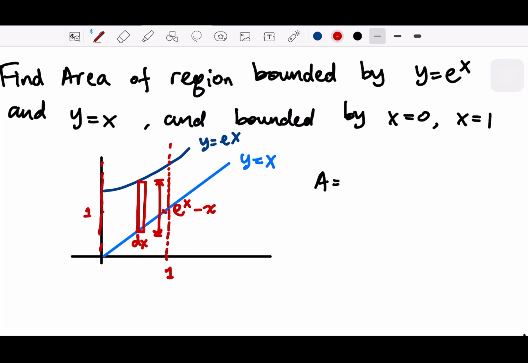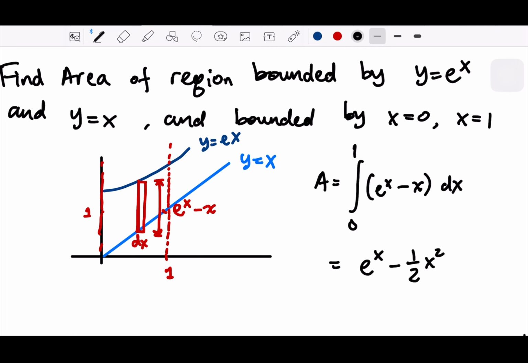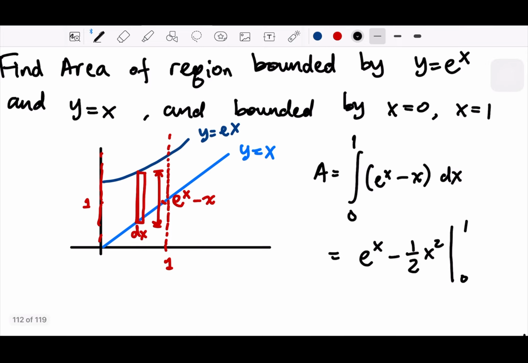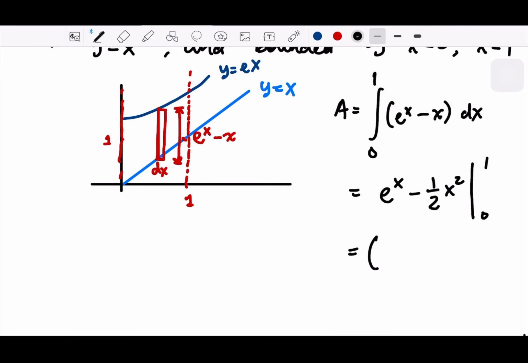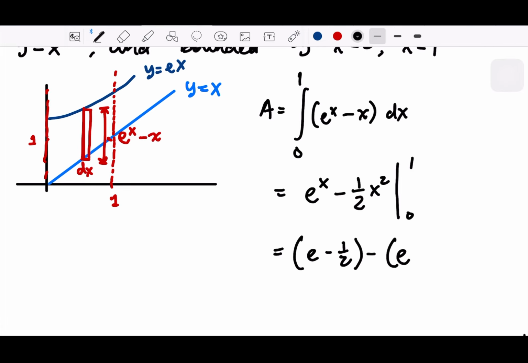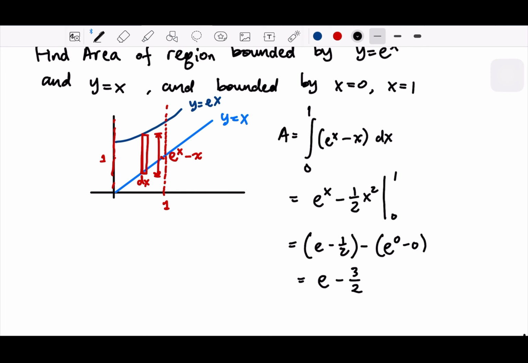So 0 to 1 is the endpoints. We're just integrating this and then plugging in 0 and 1. So e minus a half, minus e over 0 minus 0. So e minus 1 and a half, it's e minus 3 over 2, right?